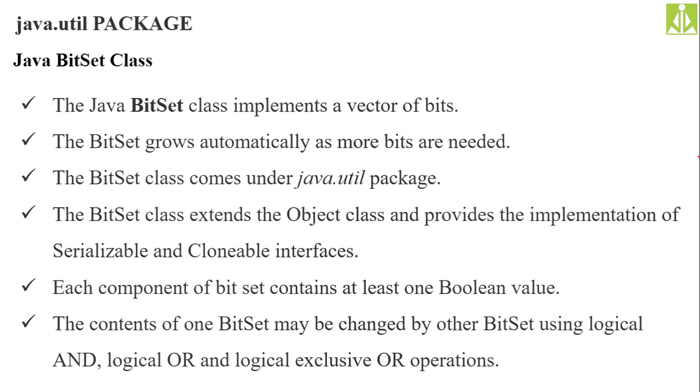These types of operations we have, and if you perform these operations between the bit sets, the contents of a bit set may change. We have many different operations, but as an example we have taken only three over here.